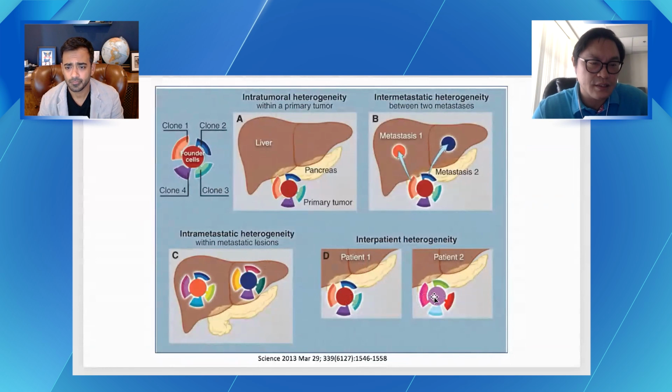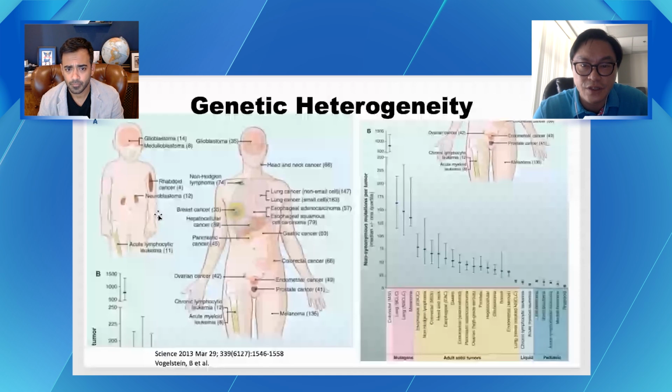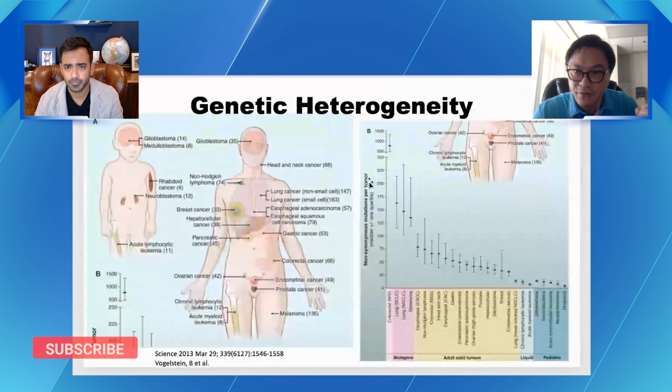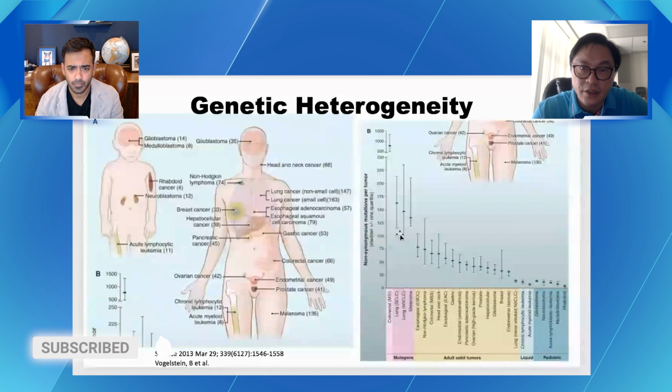If you look at the different mutations here, for example, colorectal, this is the non-synonymous mutations per tumor. How many mutations? So it wasn't 1 or 2 mutations, the single hit, multiple hit theory that I was taught in the 90s. You're looking at 500 mutations, 700 mutations for this colorectal cancer.